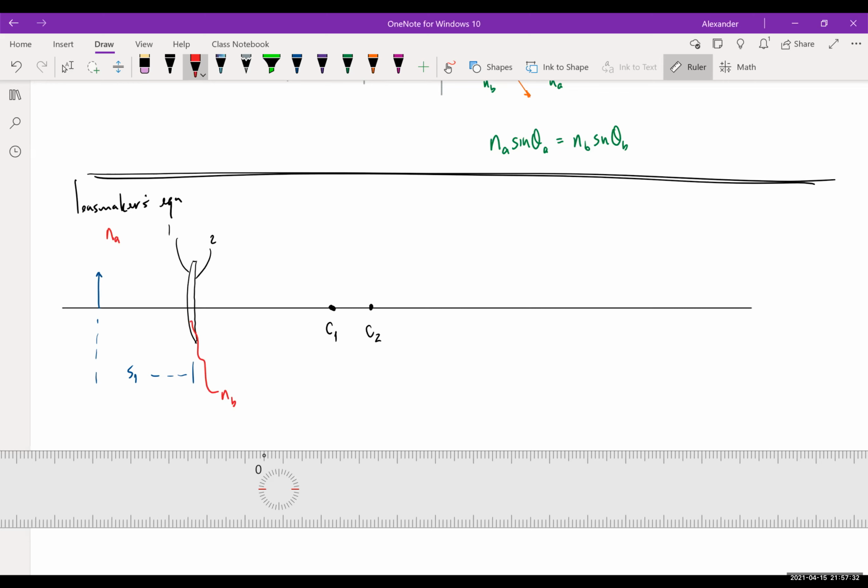What did I just say? The index in the first medium over the object distance S1, plus the index in the second medium over the image distance S1 prime, equals the difference NB minus NA over the radius of curvature for the first surface.